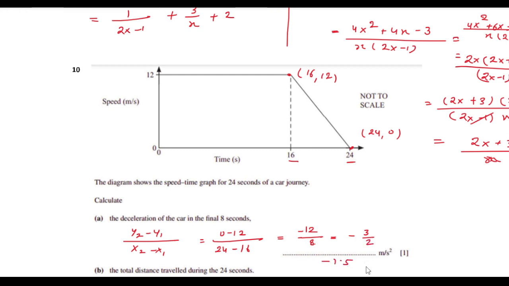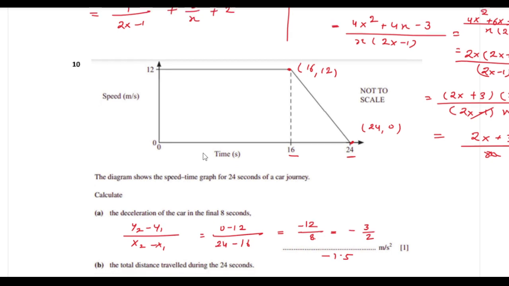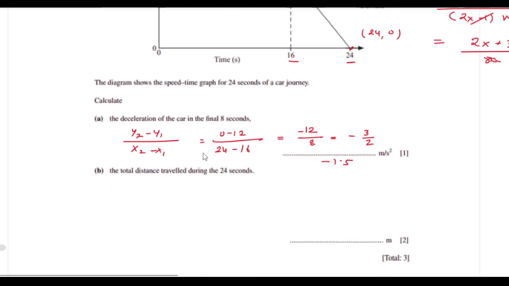So minus 1.5 meters per second square will be the answer. Or I will simply say that when we say deceleration, we are talking about negative acceleration, so I will say 1.5, and not use the minus sign, because deceleration itself indicates that we are talking about a negative value.